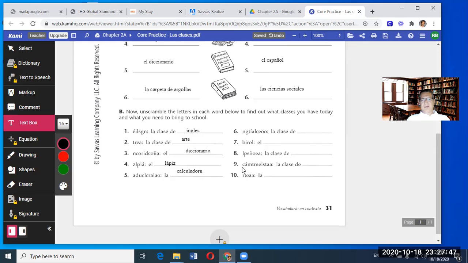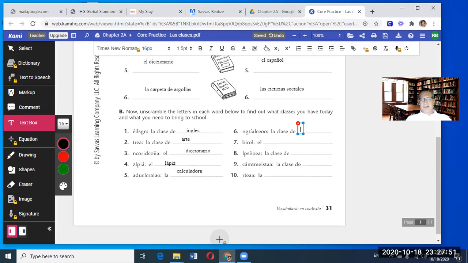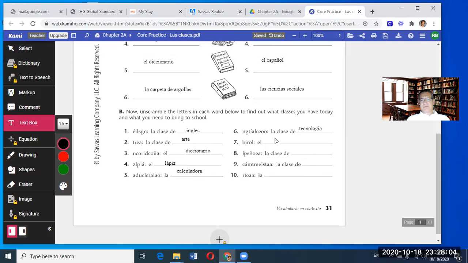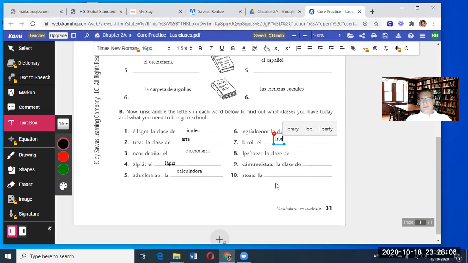Diccionario es dictionary. La clase de tecnología, the technology class. El libro, the book.